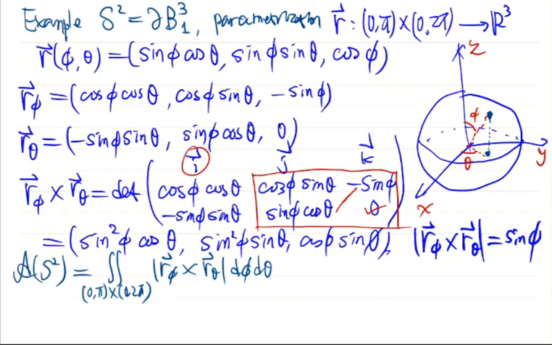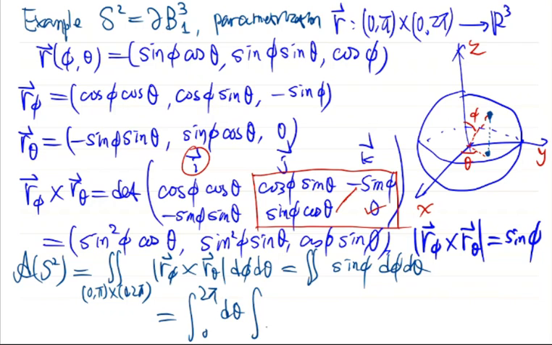Because the norm of the cross product has already been computed, this is sine phi d theta d phi. This can be written as the integral from 0 to 2 pi of d theta times the integral from 0 to pi of sine phi d phi. The inner integral is 2, and the outer is the length of the interval, 2 pi. Therefore, the final result is 4 pi.